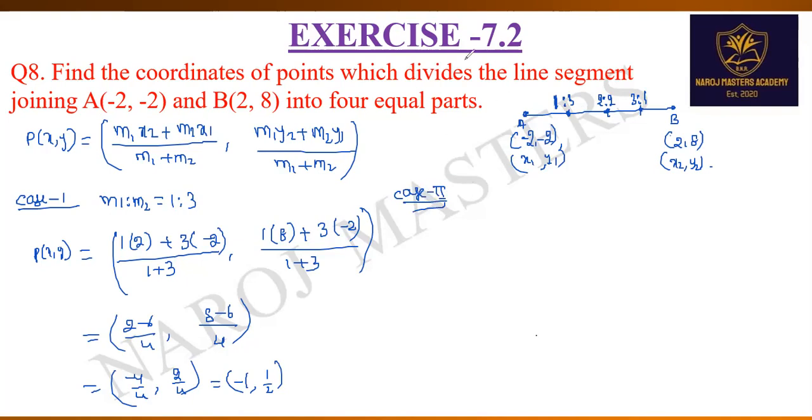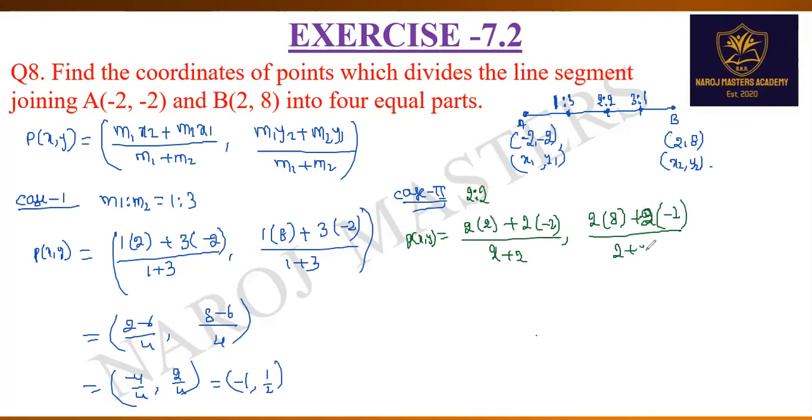Let me change the color here. The 2:2 ratio. P of x comma y is equal to, so m1 is 2 here: 2 into 2 plus 2 into minus 2 by 2 plus 2, comma 2 into 8 plus 2 into minus 2 by 2 plus 2.